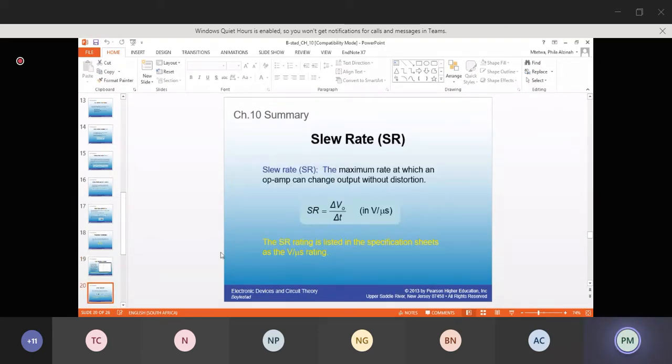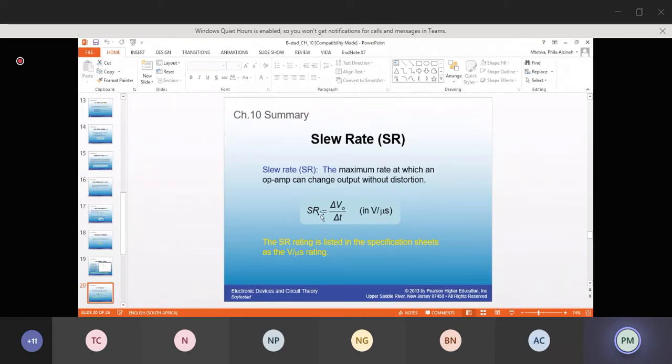Then this is another important parameter, your slew rate. Your slew rate is given by this expression here: SR is delta V out over delta T, which is the maximum rate at which an op-amp can change output without distortion.